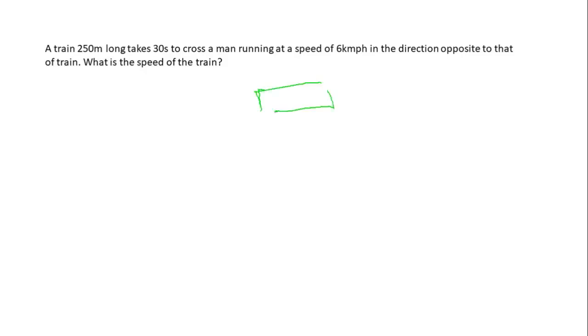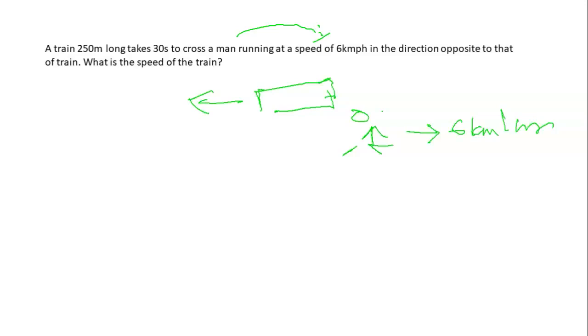It takes 30 seconds to cross a person, an individual who is here. So for 250 meters, it has to cross this person who is running at 6 kilometers per hour. Both are not in the same direction. In fact, the train is going in this direction. So what is the speed of the train?